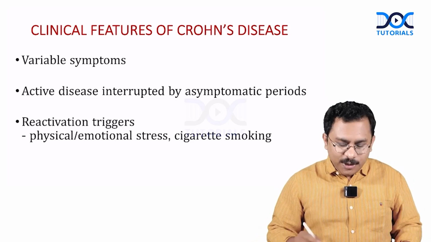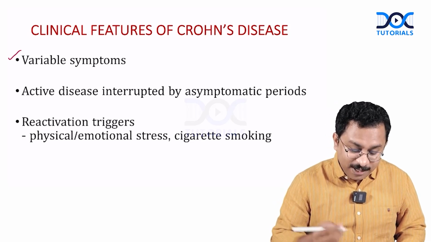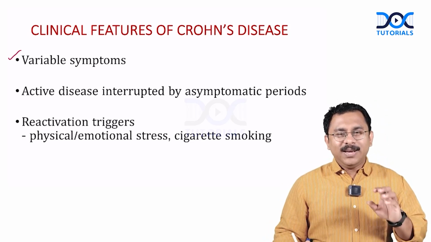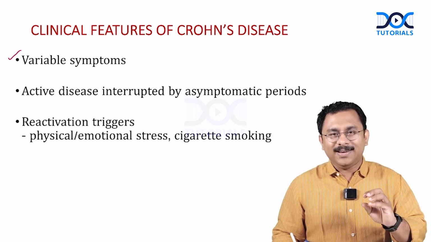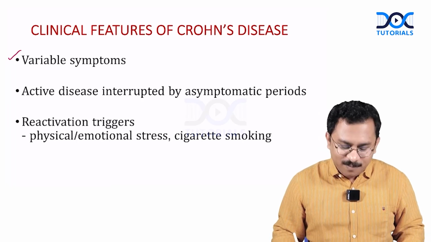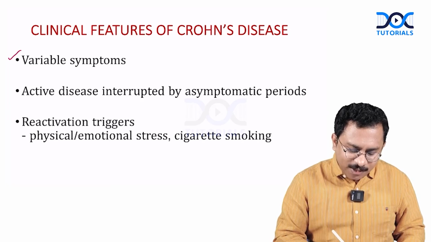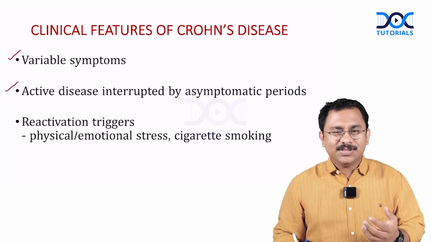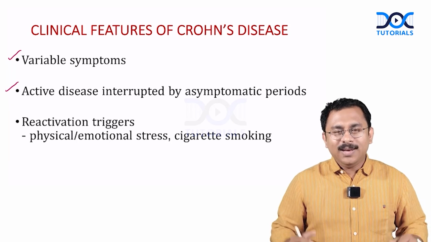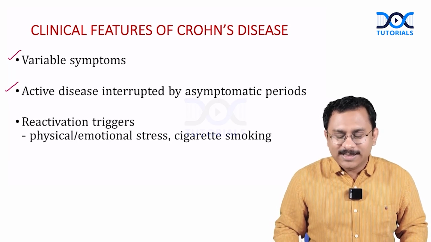As I already told you, Crohn's disease can have variable symptoms depending on which part of the bowel is involved and how severe the involvement is. It's a chronic disease with active relapses. In between, you can have certain remissions as well.